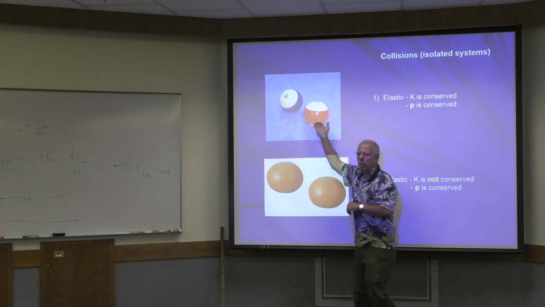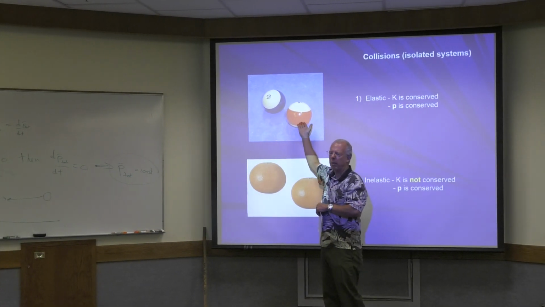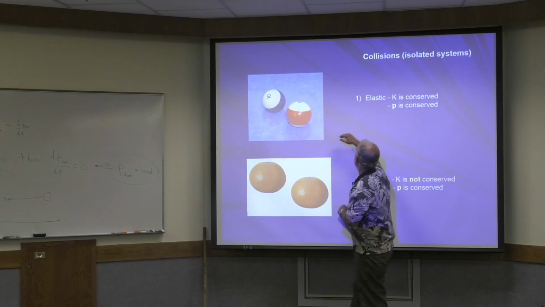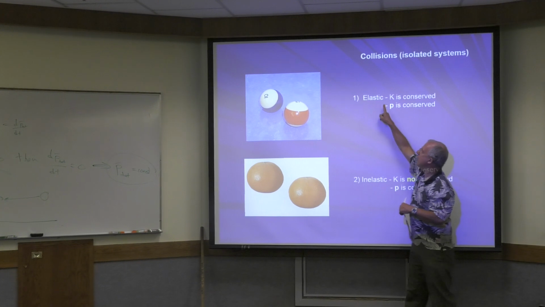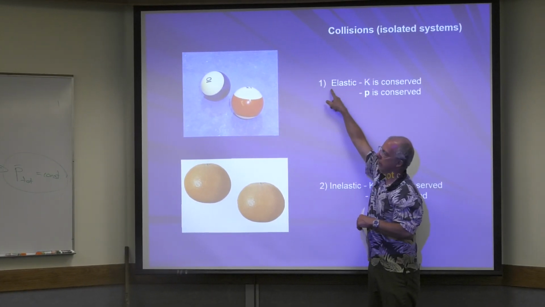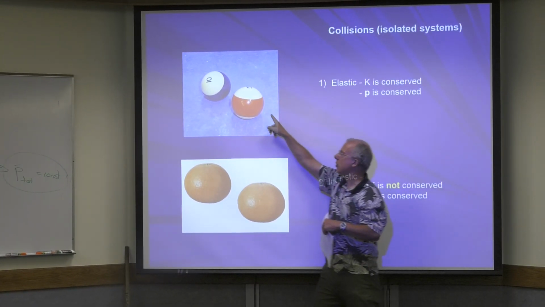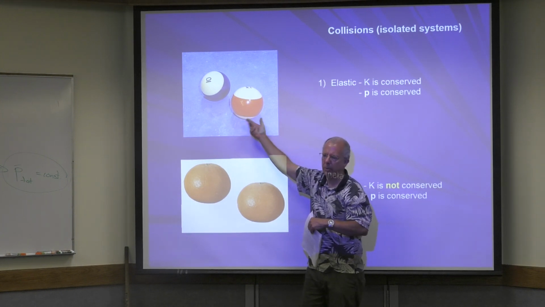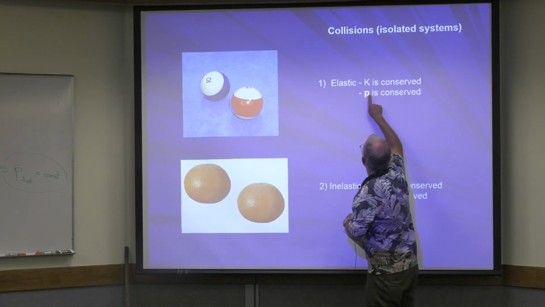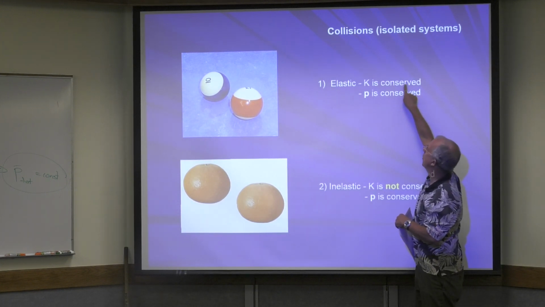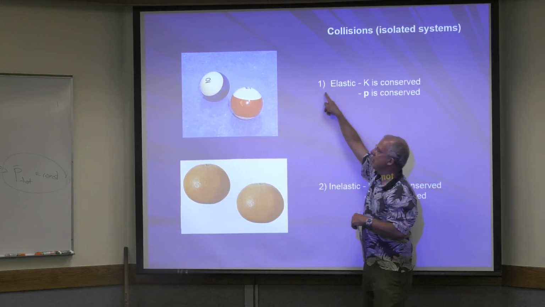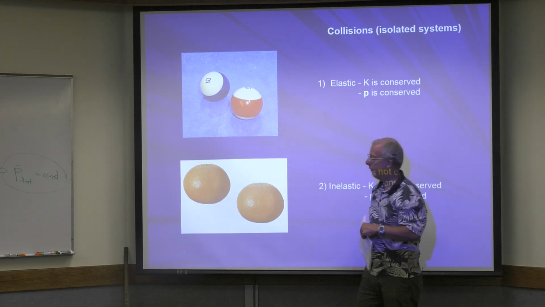Again, it's going to be like pool balls. That's a good example. It's not perfect, but it's close, right? So if you have both kinetic energy and momentum conserved, that's called an elastic collision. Or you could say like two solid steel balls or something like that, right? So momentum is conserved because it's isolated, but if kinetic energy is also conserved, it's called an elastic collision. Just the name, elastic collision.